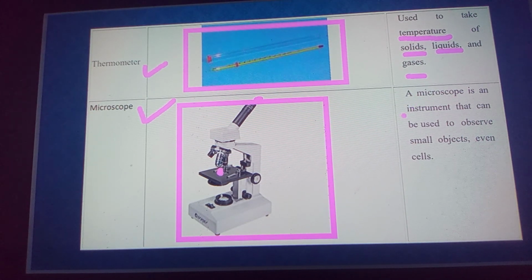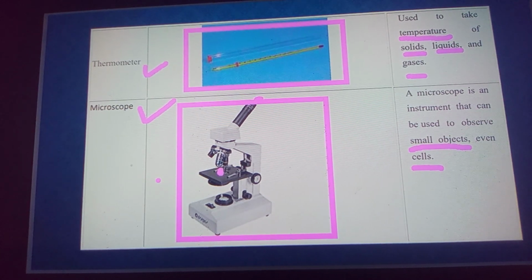Microscope is an instrument that can help us to observe small objects, even cells. If we need to observe smaller objects or cells, we can use this instrument. It is better to use microscope so that it can magnify the smaller objects to appear well.